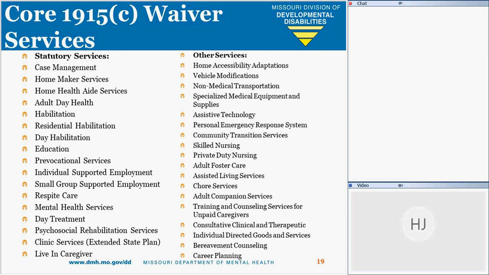You can also provide mental health services. There's quite an extensive list. Others that states have added are accessibility adaptations, medical modifications, non-medical transportation, that's transportation to community activities, assistive technology, skilled nursing, assisted living, adult companion services, bereavement counseling, career planning. There are many services out there that are available.